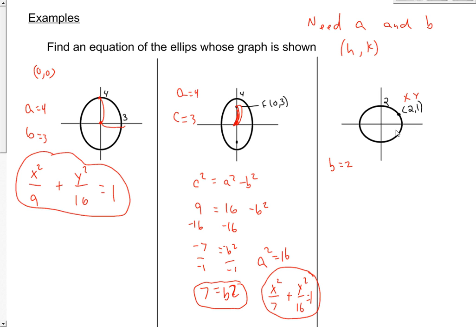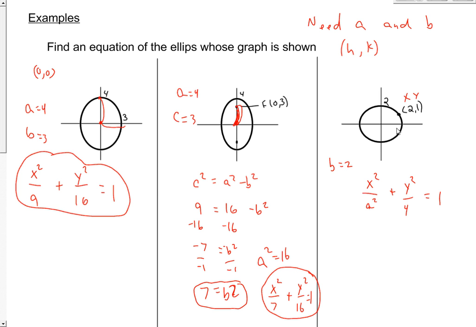Since this is a horizontal ellipse, the a squared goes under the x squared, and y squared over 2 squared, which is 4, equals 1. I forgot to replace my x and my y.